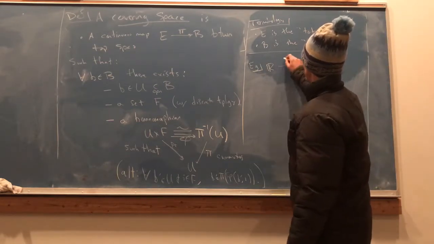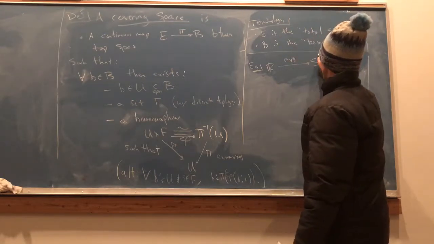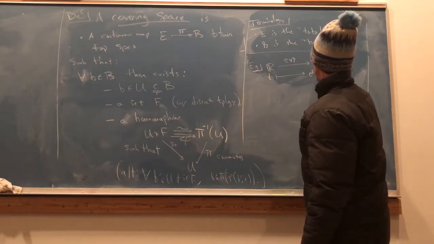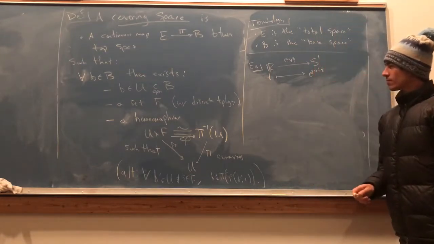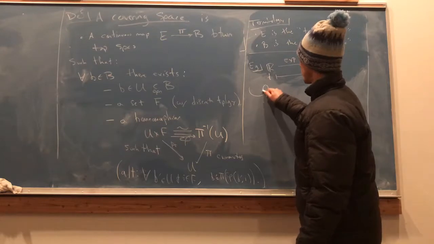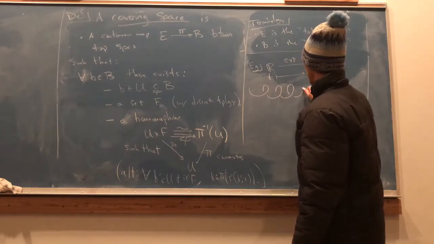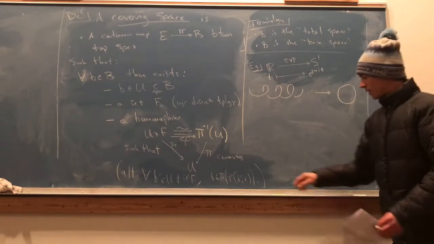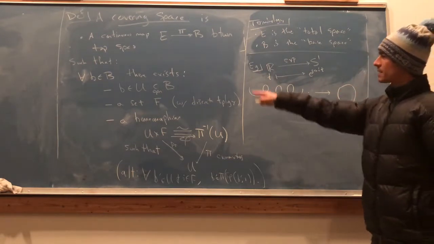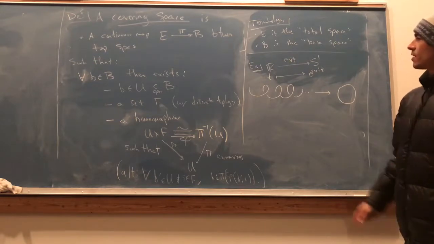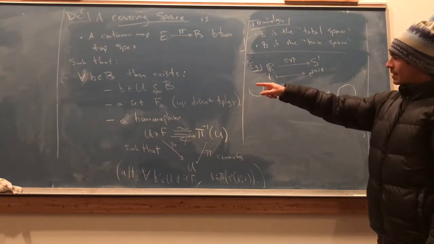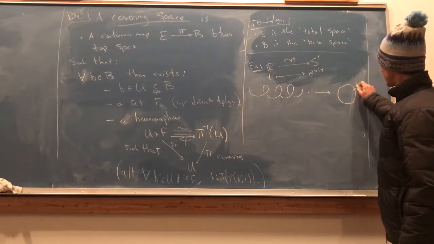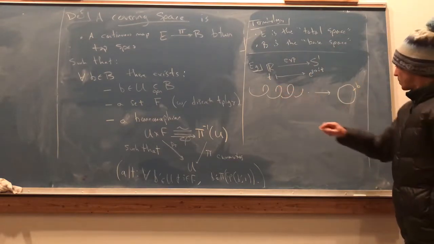Remember this example of covering space, given by t goes to e to the 2 pi i t. Drawn a picture like this. So let's see just intuitively that this is an example of a covering space. We should check that for every point in the base, such as that point, there is a little open neighborhood about it.